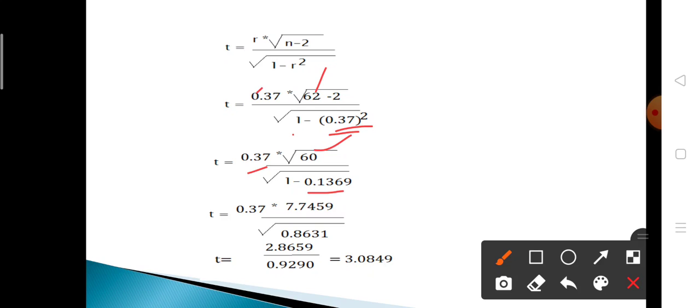So 0.37 into 7.7459 divided by square root of 1 minus 0.1369, that is 0.8631. Now 0.37 into 7.7459 is 2.8659, divided by square root of 0.8631, which is 0.9290. So t is equal to 2.8659 divided by 0.9290, so the value is 3.0849. This is the value of the test statistic.